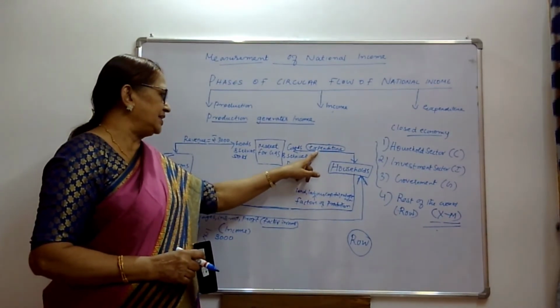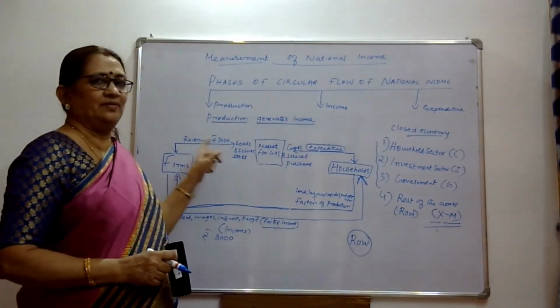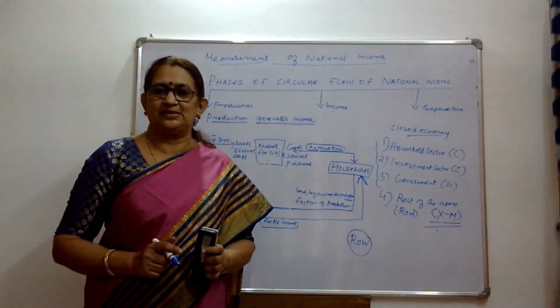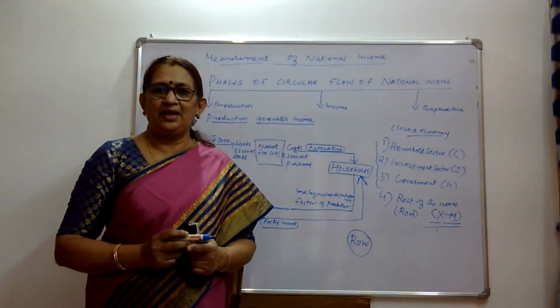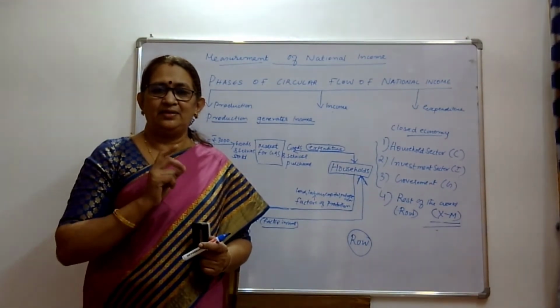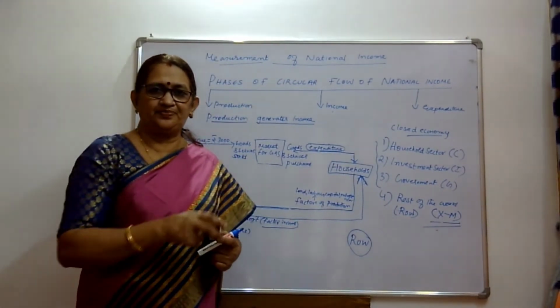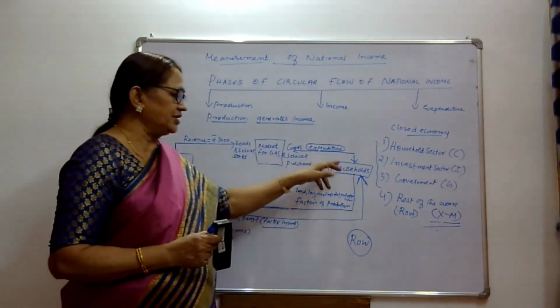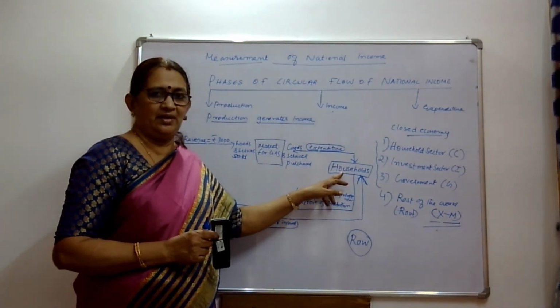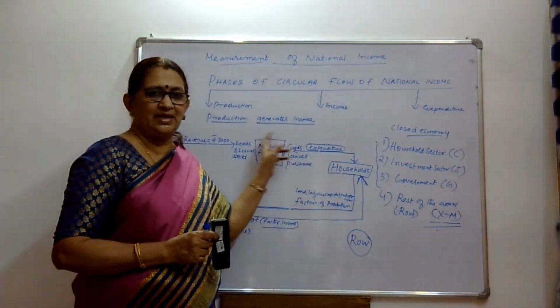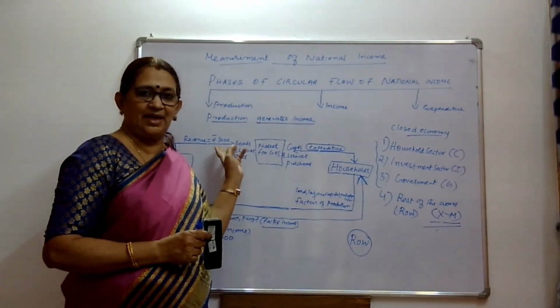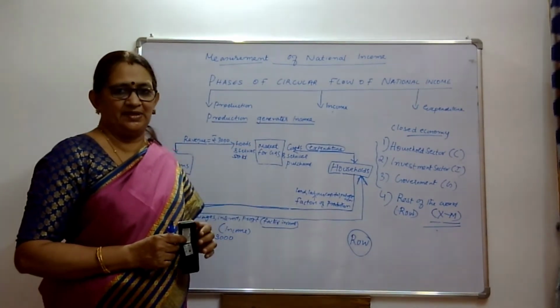By using this expenditure, again the firms are producing goods and services. It is expenditure of the household. It is the income of the firms. By using that, again they are producing goods and services.